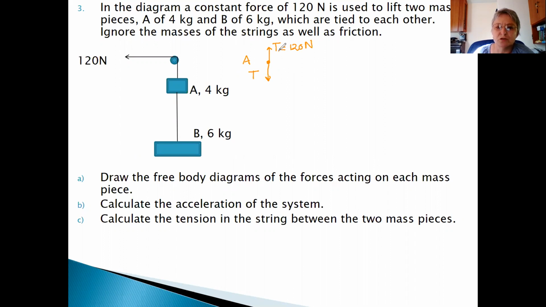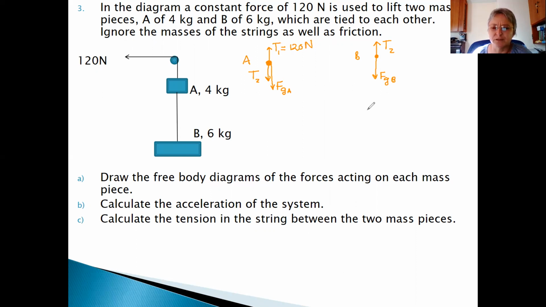I'm going to call that initial tension or the applied force T1. This I will call T2, and there is a weight, Fg of A. For the second object, B, there is a tension upwards, and that would be T2, and a gravitational force downwards, that would be Fg of B. There we have our free body diagrams.